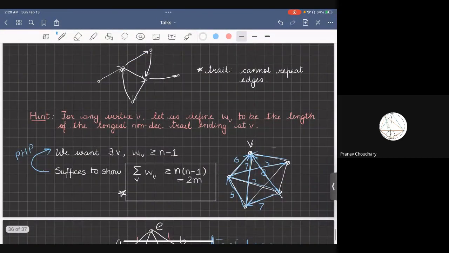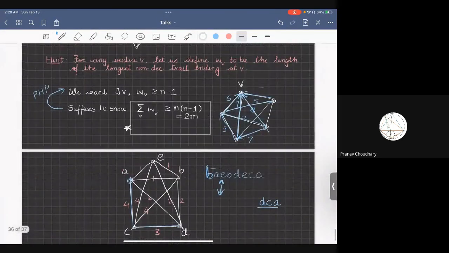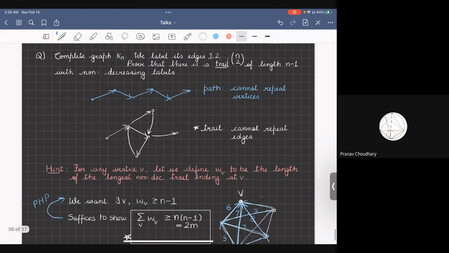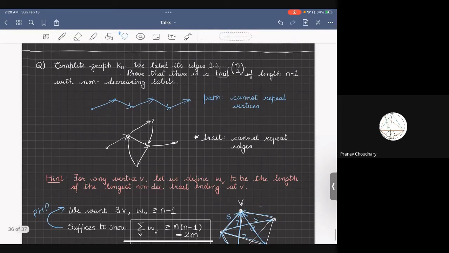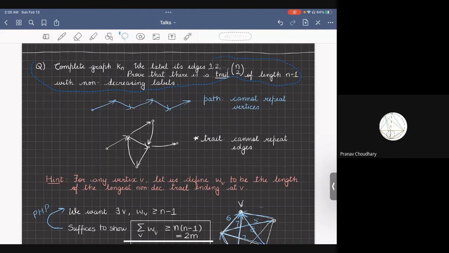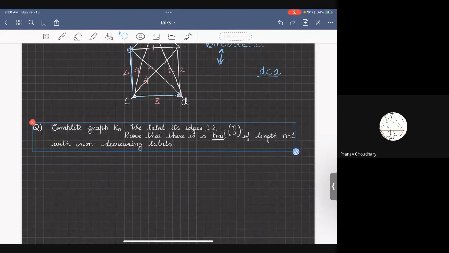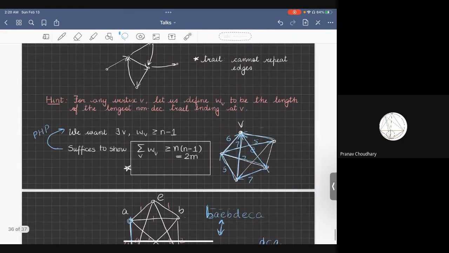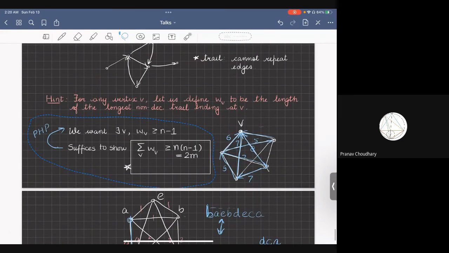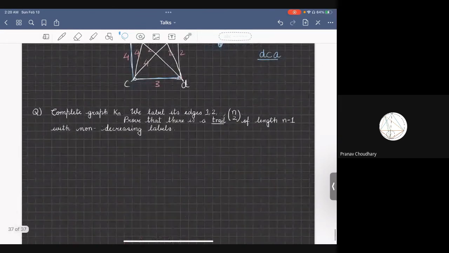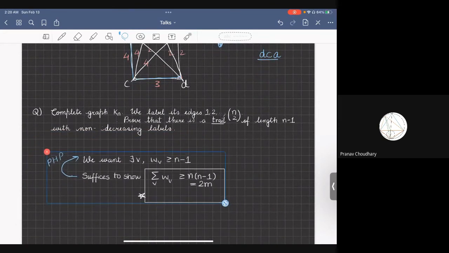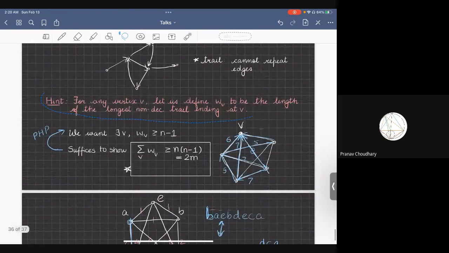And how do we do that? Just copying the essentials here, where this is the definition.